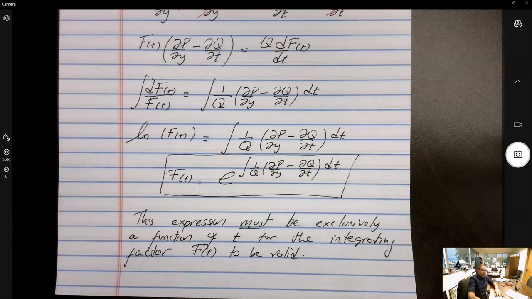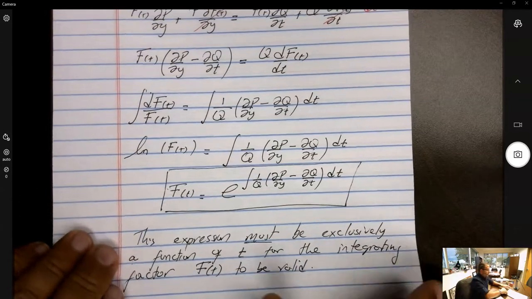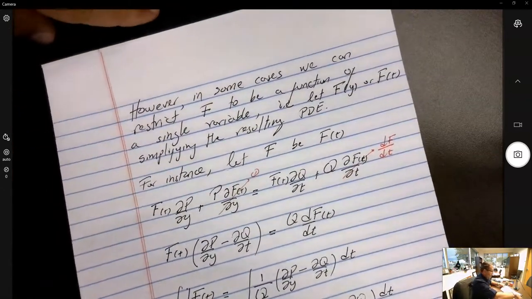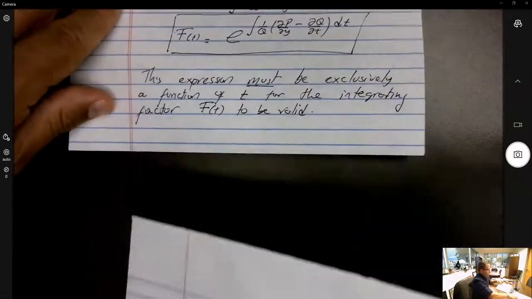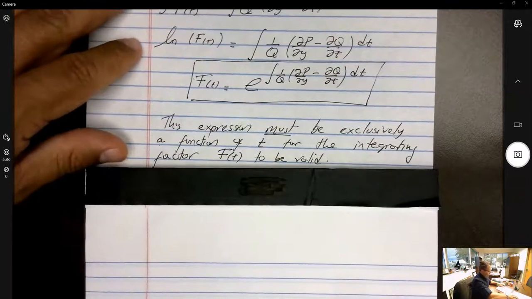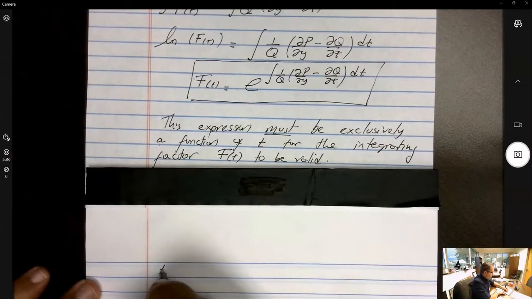All right. Now let's illustrate this with an example. Example.